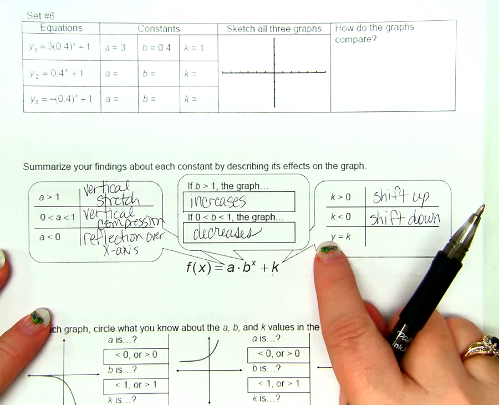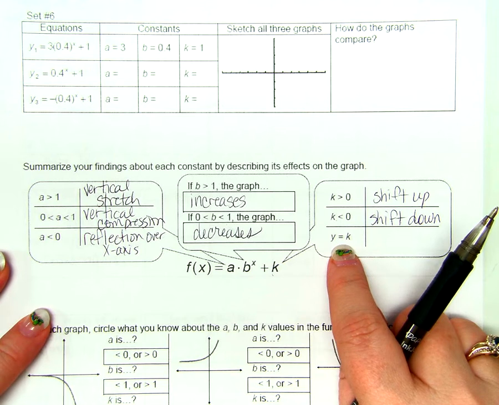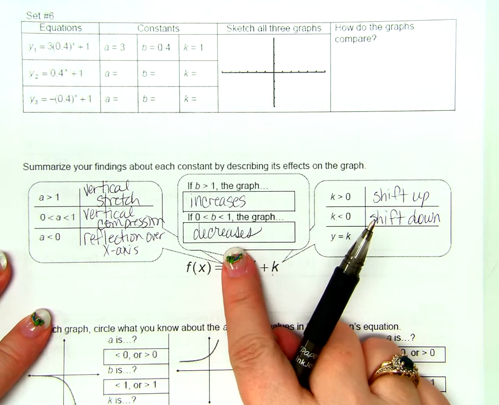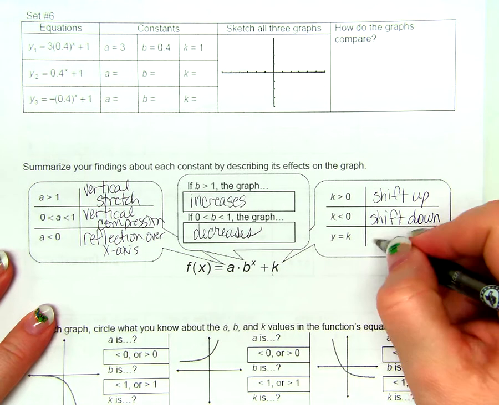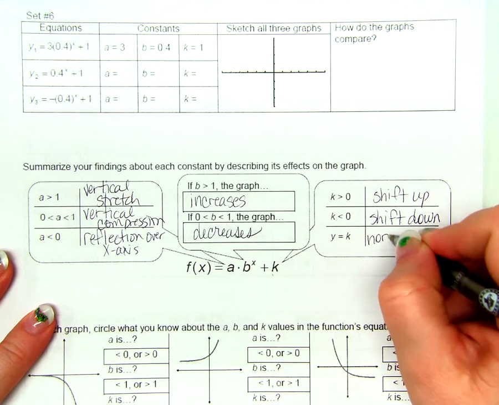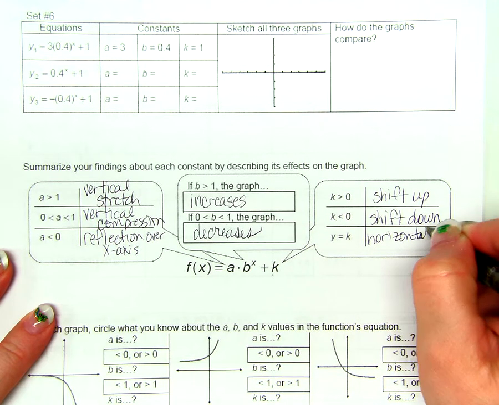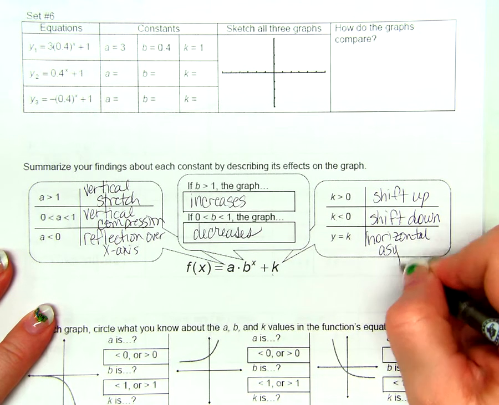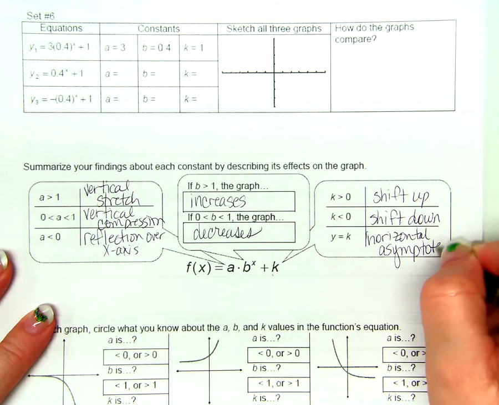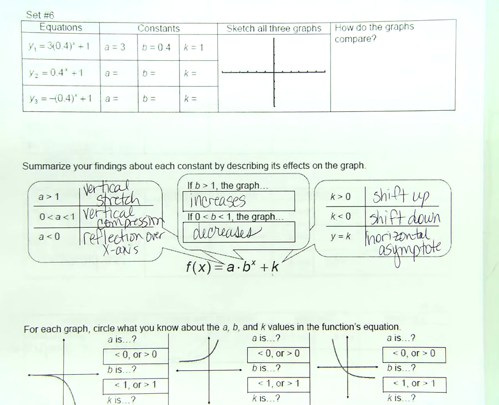What about if Y equals K? What's happening at Y equals K? Your favorite word. There's a horizontal asymptote there. So what are we missing?